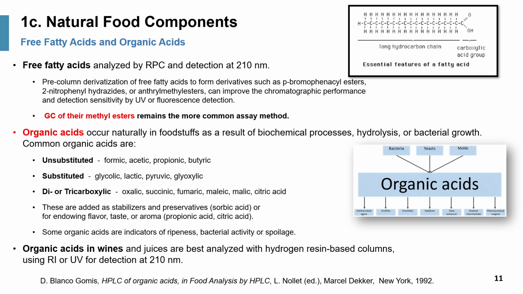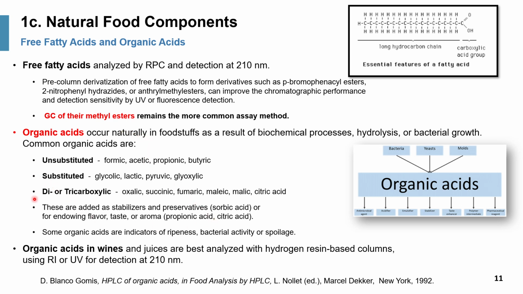Continuing on the natural food components, we are getting into the area of free fatty acids and also organic acids. Once we mentioned that free fatty acids can be analyzed under reverse phase condition with low UV detection at 210. We show some examples. Also, you can use various column derivatization with reagents shown here, even though the main assay technique is using GC of the methyl esters.